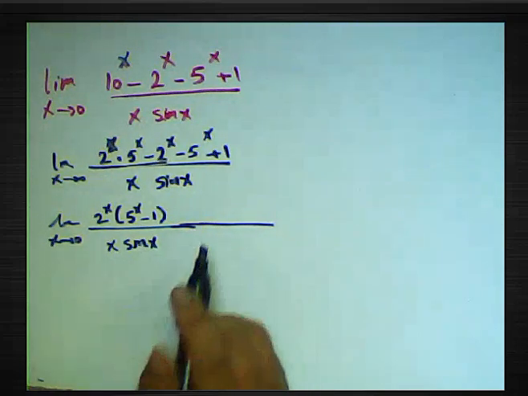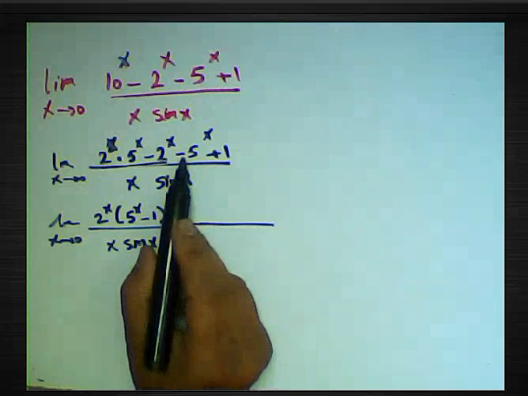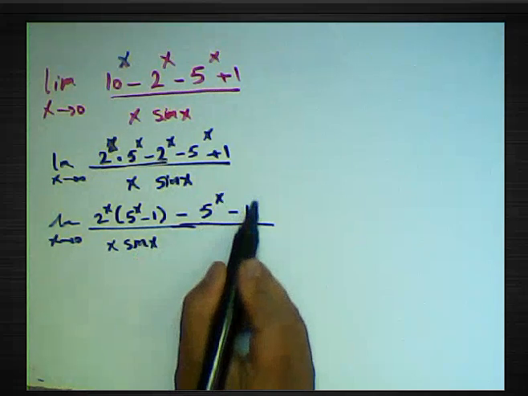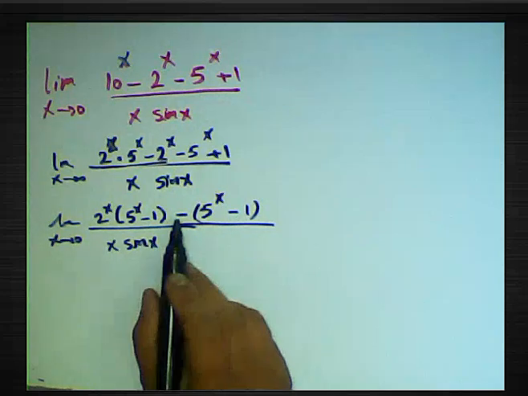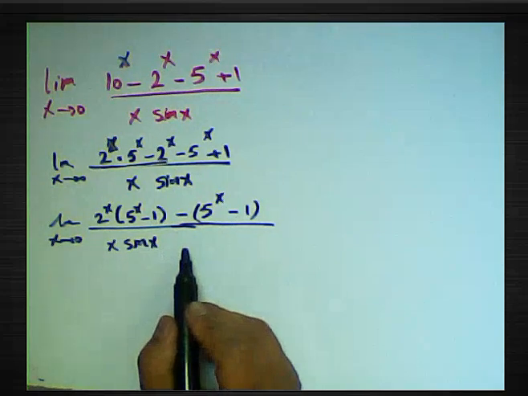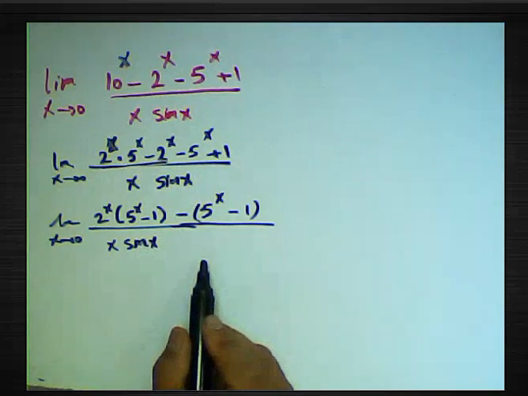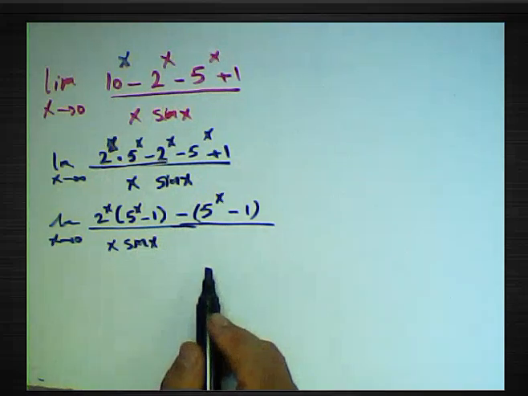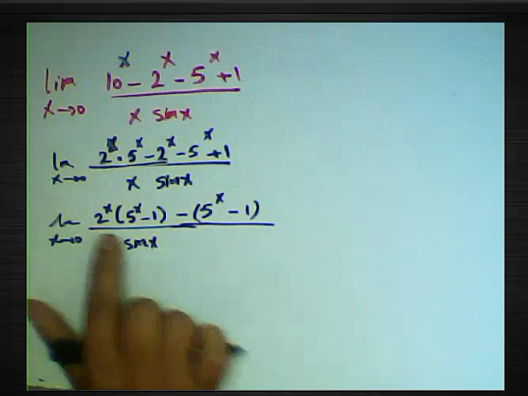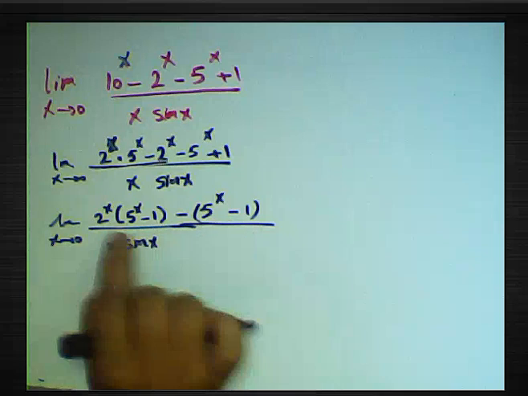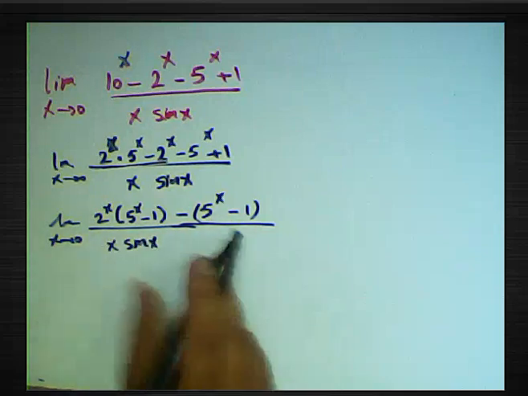Thinking with me here, I will write negative outside between two terms, negative 5 power x negative by 1. It's a negative coefficient, because it was negative 5 power x. Using the rule about 2 power x, we can write 5 power x minus 1 as the highest common factor between two terms.